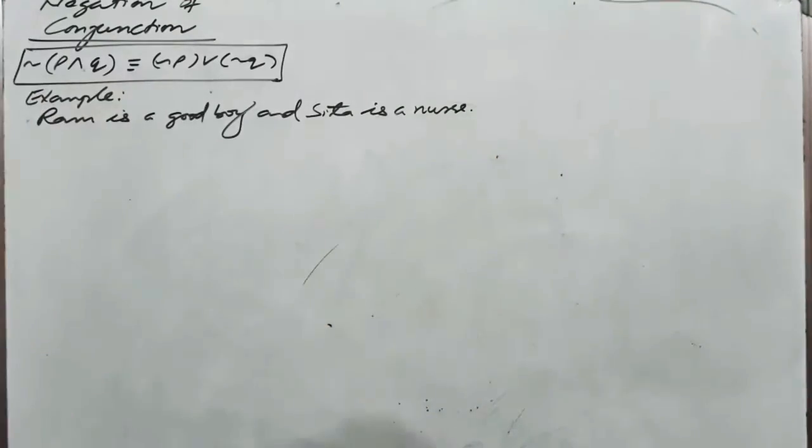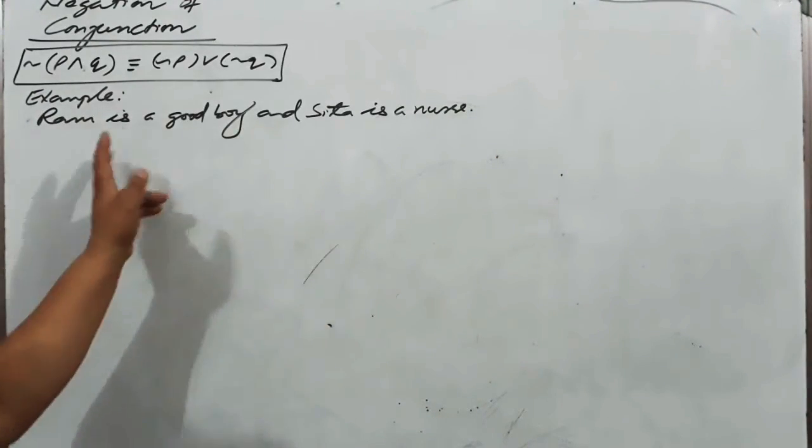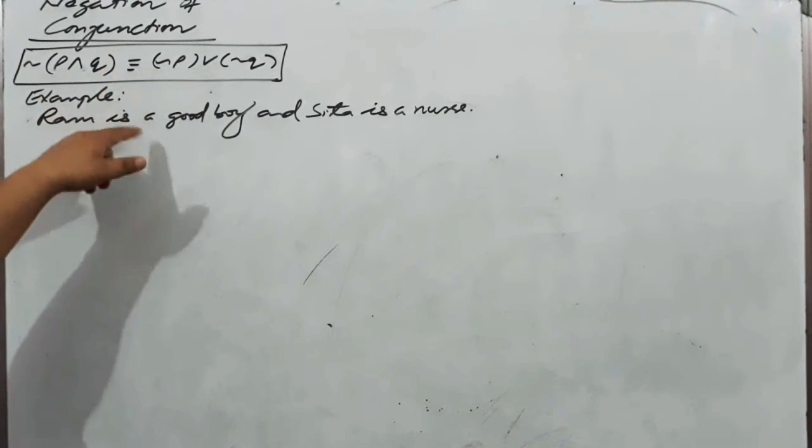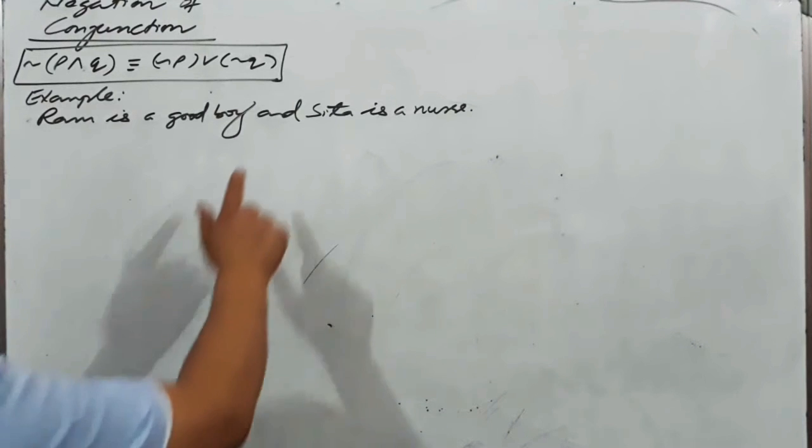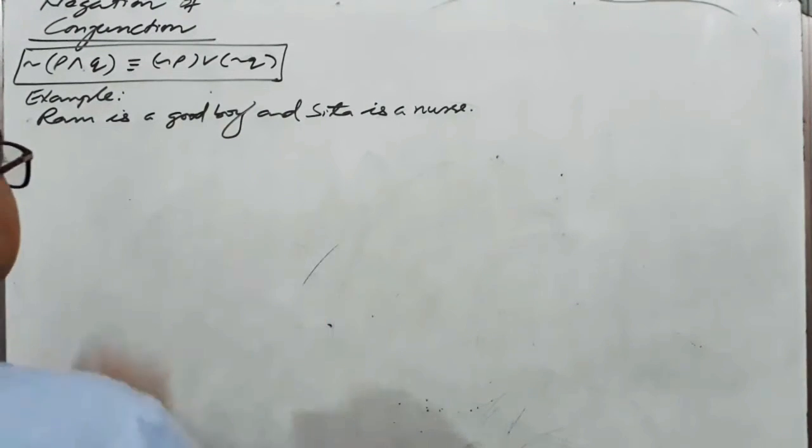This is the conjunction of two simple statements. How do we know this is a conjunction? Because it is connected by the word and.